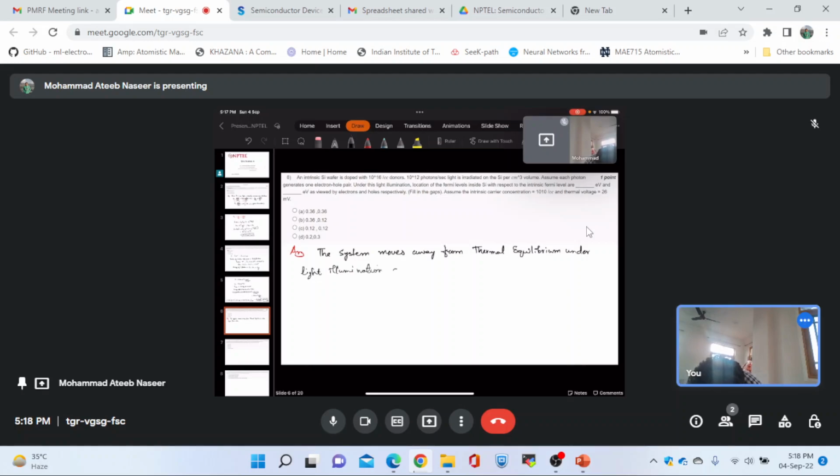and we need different Fermi levels to capture electron and hole concentrations.